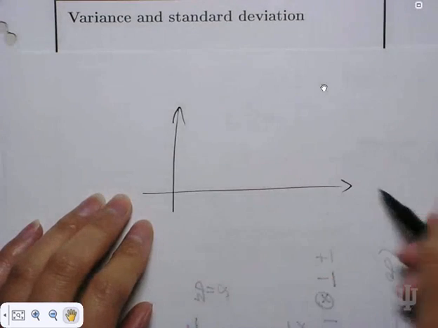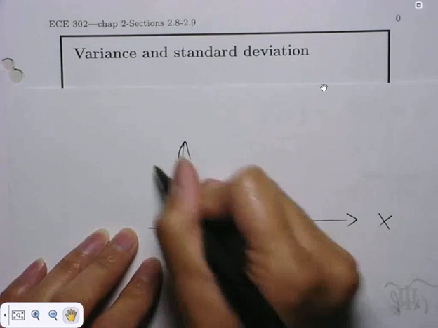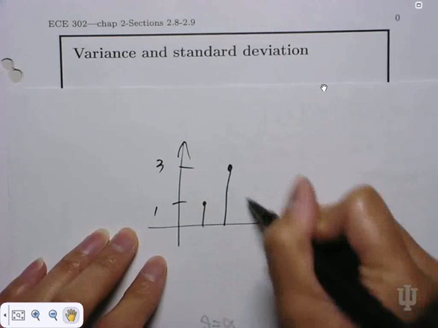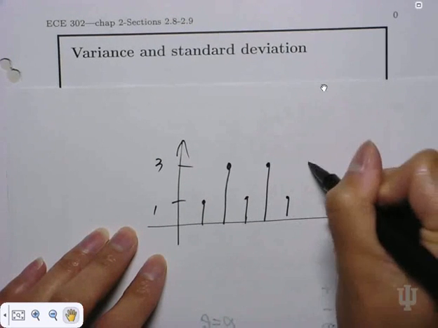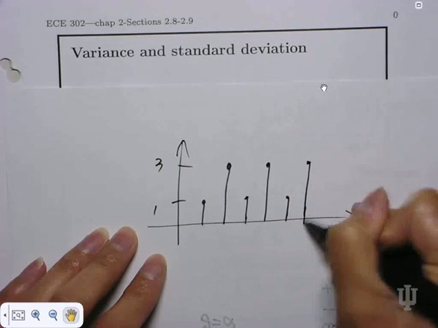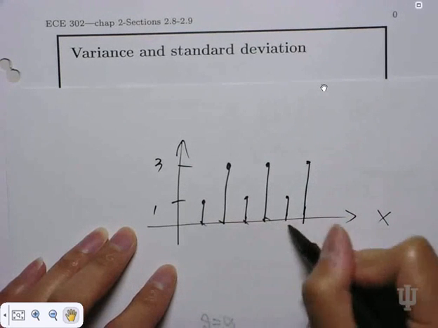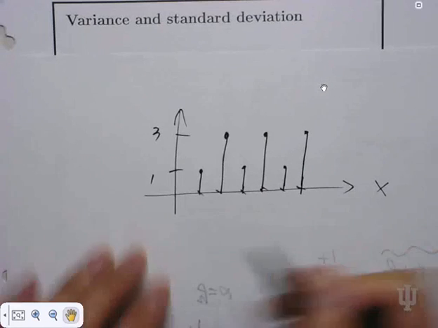If I have several x, the values are like those. Sorry, I will make an easy example. If they are equally likely, 1, 2, 3, 4, 5, 6.